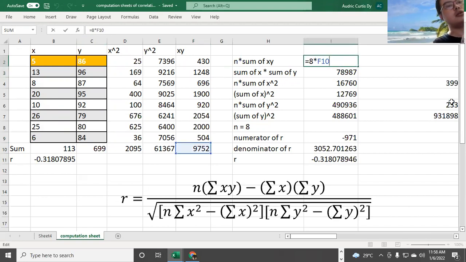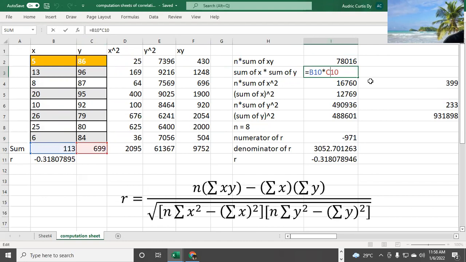Here naman, what we did here is 8 times the sum of all xy. To get this, we multiplied the sum of x with the sum of y. To get here naman, we get 8 times the summation of x squared. Here naman, we found the square of the sum of x.